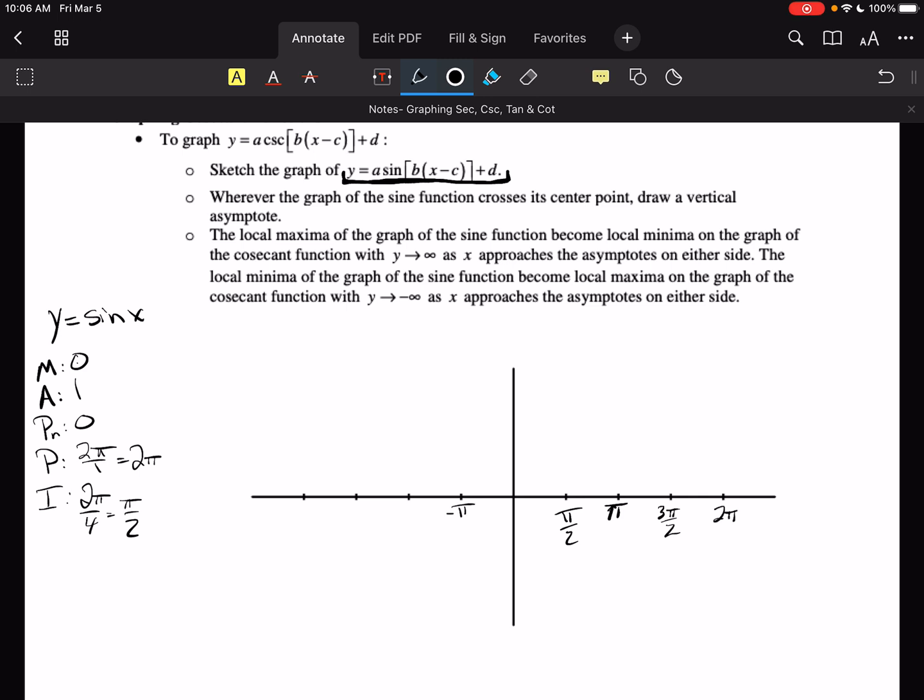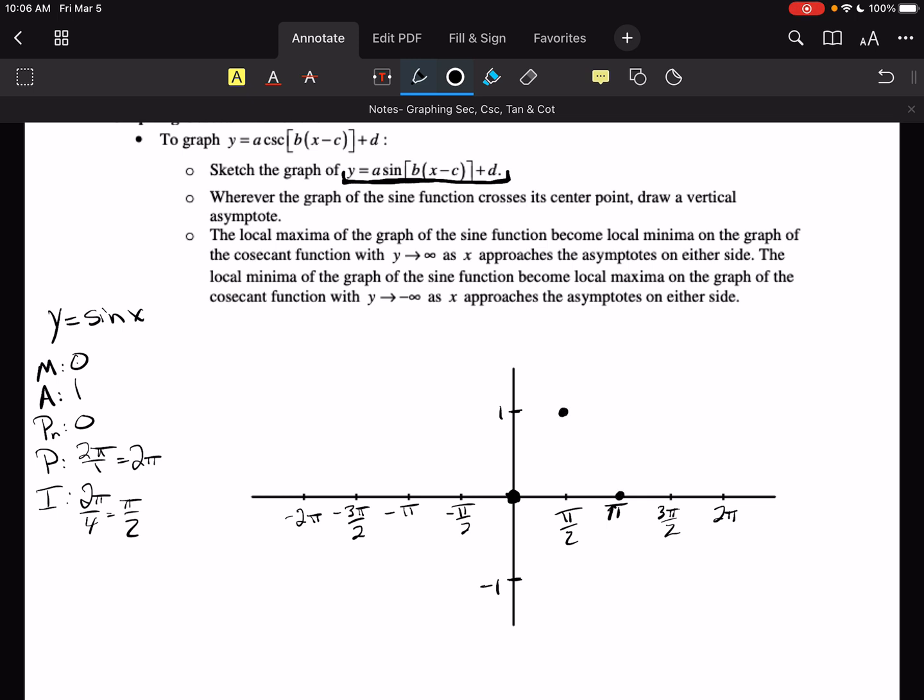Negative direction. Amplitude for sine, 1, negative 1. And for my sine graph, we start at the origin, right? We start on my midline and do my sine pattern.